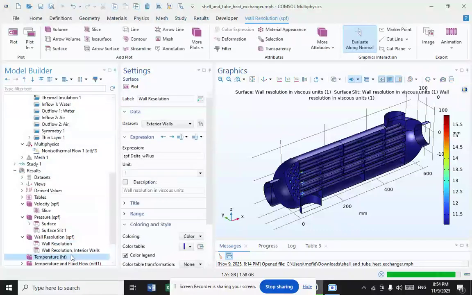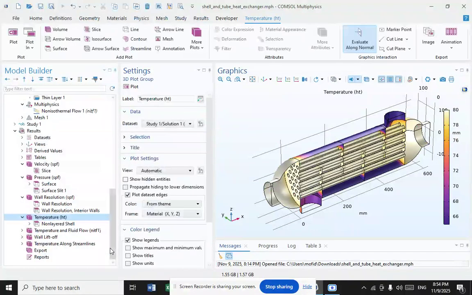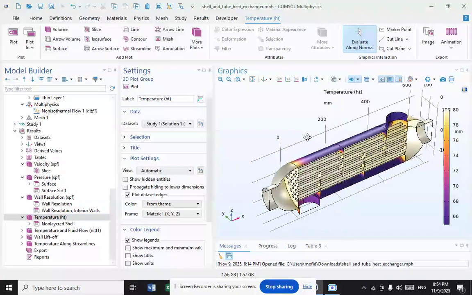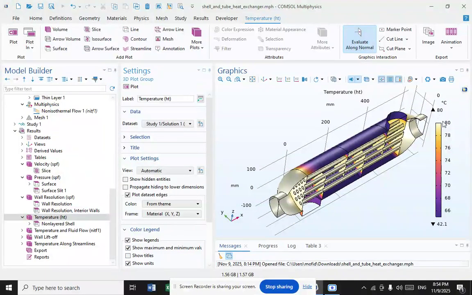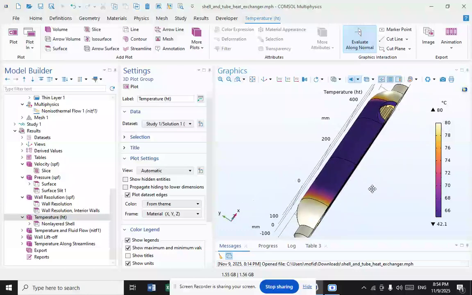And the next result is temperature based on Kelvin. The maximum is 80, and the unit, its maximum, it says degrees centigrade. It's degrees centigrade.